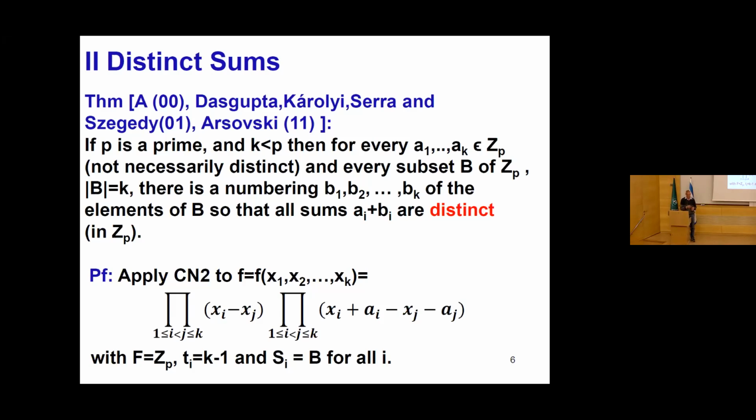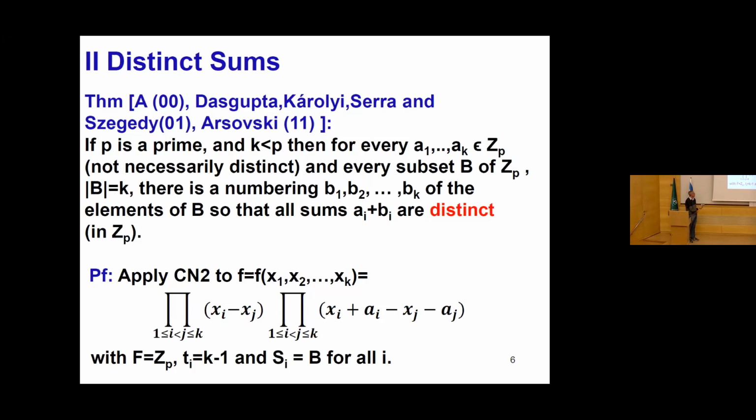So we define the polynomial that you see here. It's a polynomial with k variables, and it's a product of the Vandermonde times a product of the differences (xi plus ai) minus (xj plus aj).